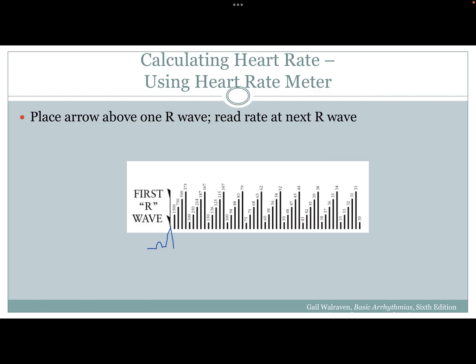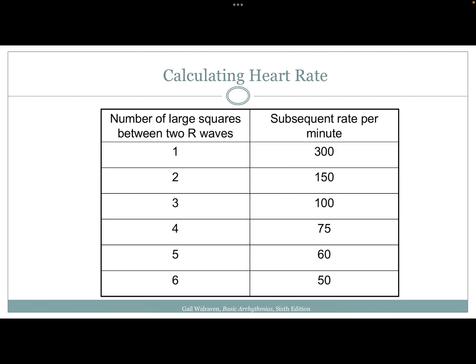Let me see. There we go. You place the first R wave on top of that line, and then you look to see where the next R wave hits, and that tells you the heart rate. There's this quick check sheet that tells you the number of large squares and what the rate is.